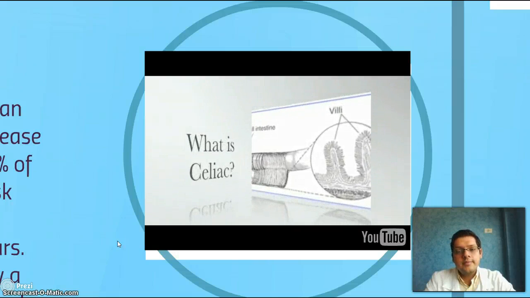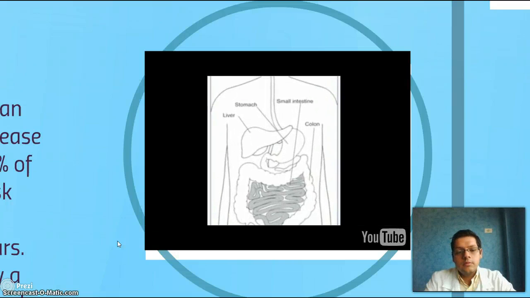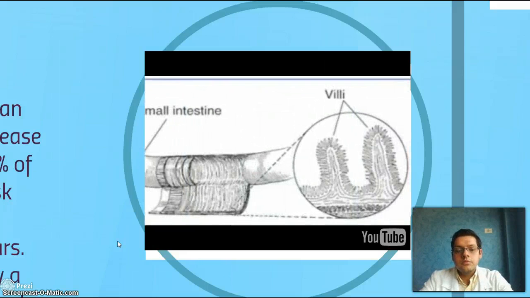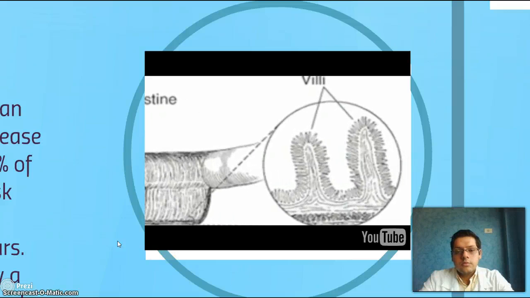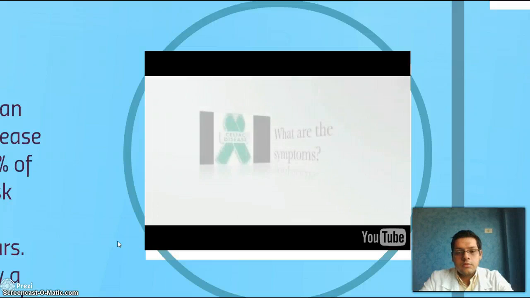What is celiac? Celiac is a disease that affects the small intestine. It is a genetic disease, so people who have it are born with it. The small intestine is lined with villi, which absorb nutrients. Celiac causes the villi to be damaged, and the villi can't absorb the right nutrients.